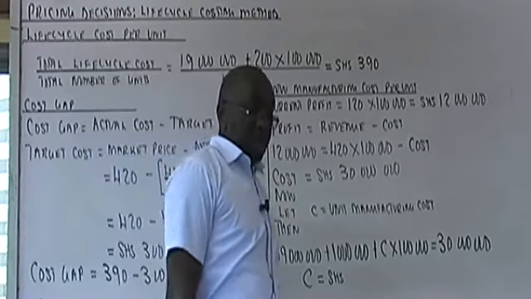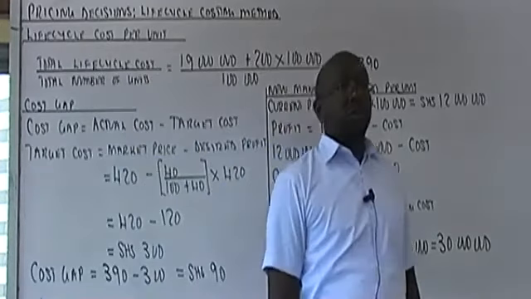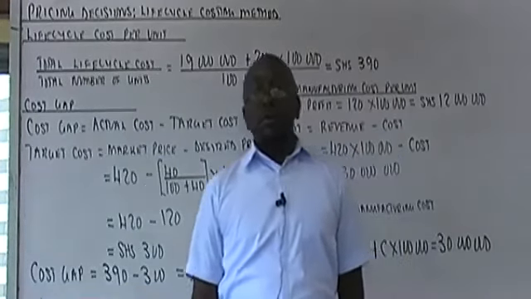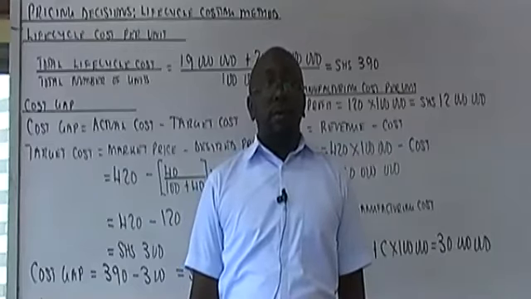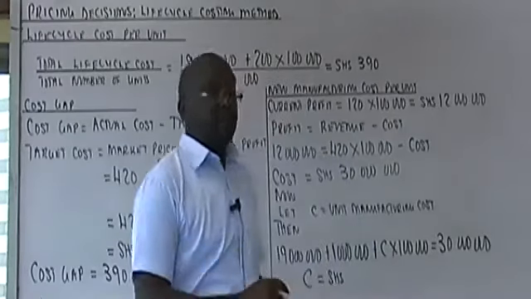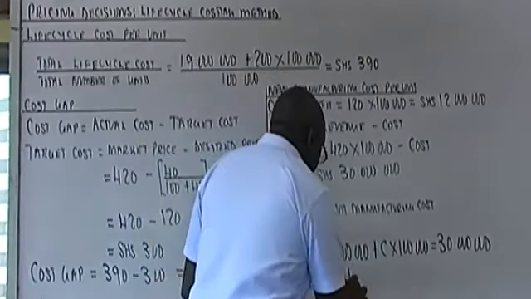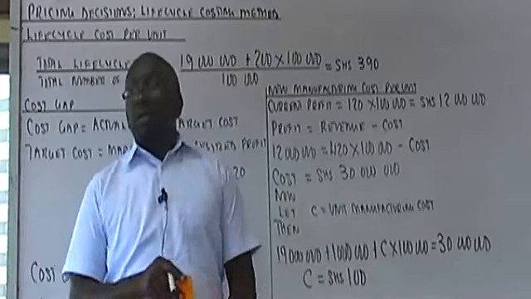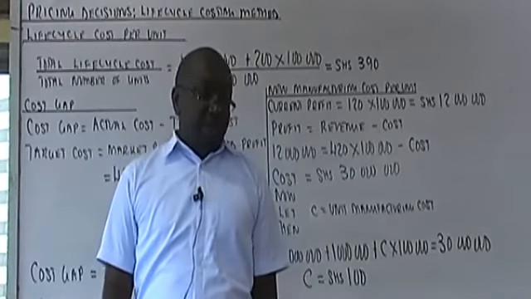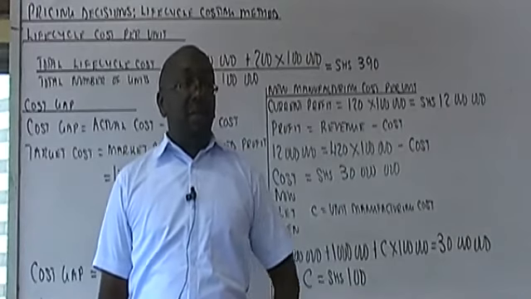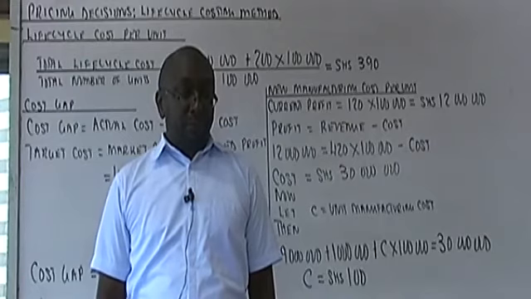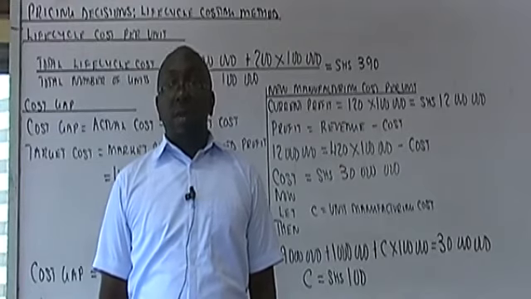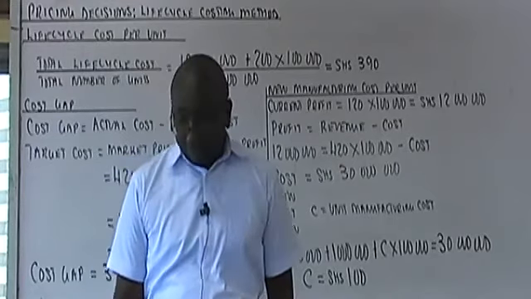Shillings 100. So that now should be the variable manufacturing cost per unit.